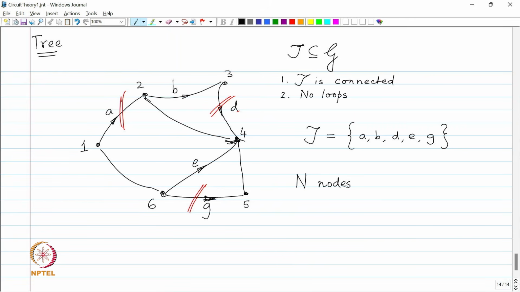Your name is Adib? Adib says that if there are n nodes, then there are n minus 1 elements in the tree. And he is right. Notice that this graph had 6 nodes, 1, 2, 3, 4, 5, 6, and the tree has 5 branches.